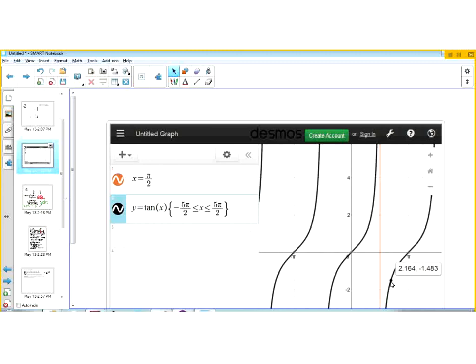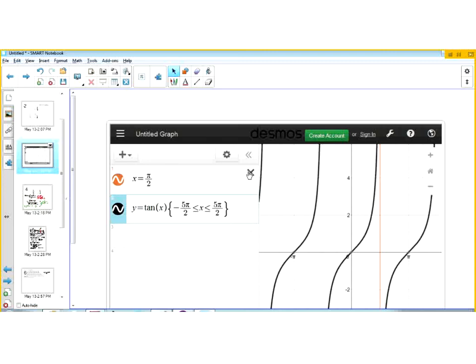So pi halves is a vertical asymptote. The tangent function, of course, is not defined at x equals pi halves, nor does the limit exist as x approaches pi halves. But the left limit is plus infinity, and the right limit is negative infinity. So we do have that takeaway for the tangent function.